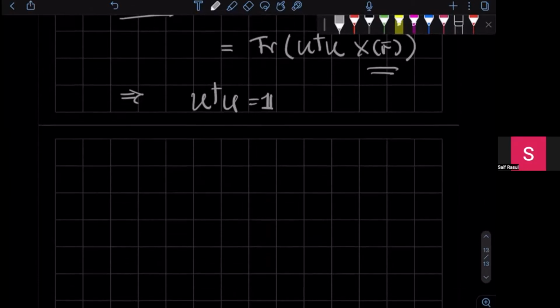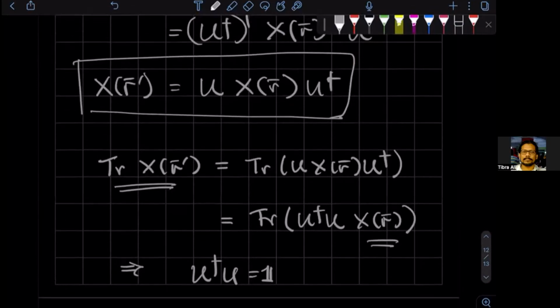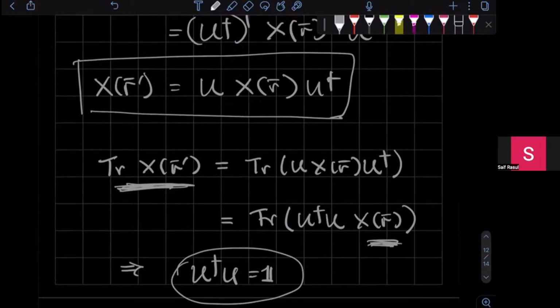So if I take the trace of this equation, then for this to be traceless as a consequence of this, then this must be true. That's the part I don't understand. Why does it have to equal 1 or identity? Okay, the right-hand side is X of R. And if this is traceless, then this is traceless. Oh, okay. I'll have to think about that a little bit. Yeah, no, that's good.